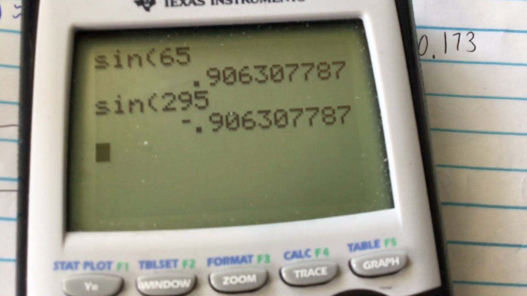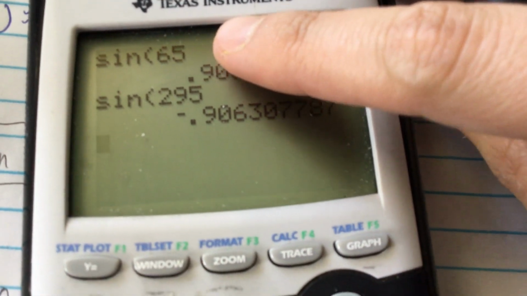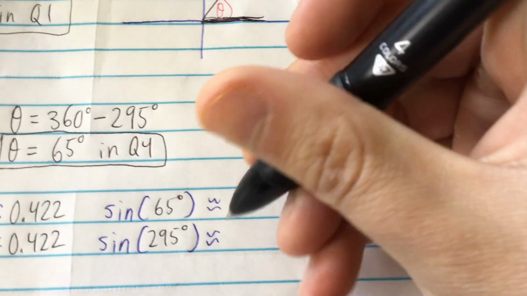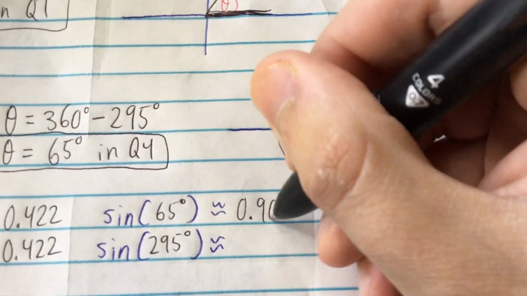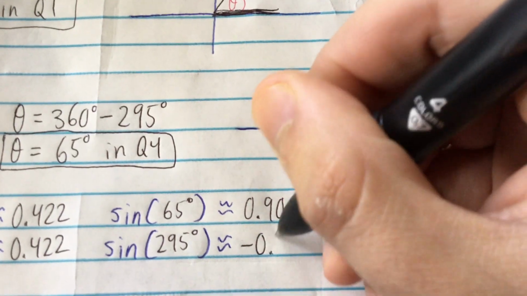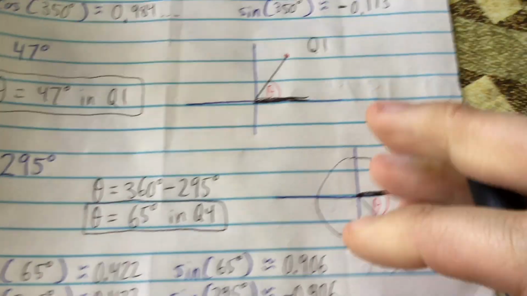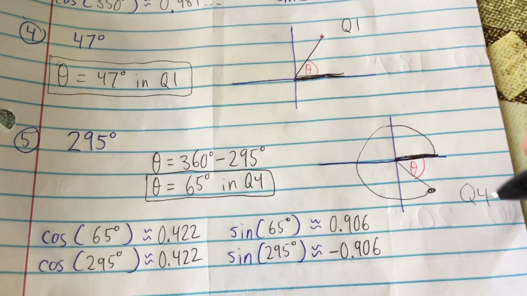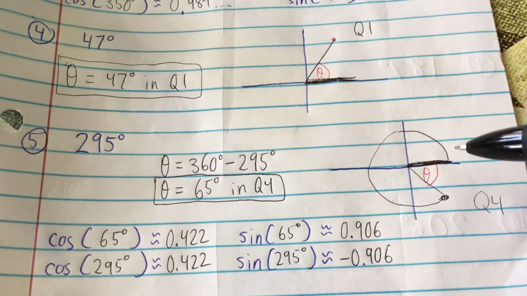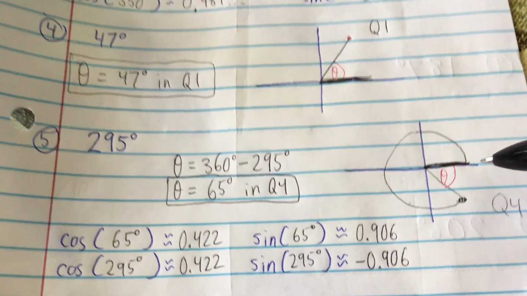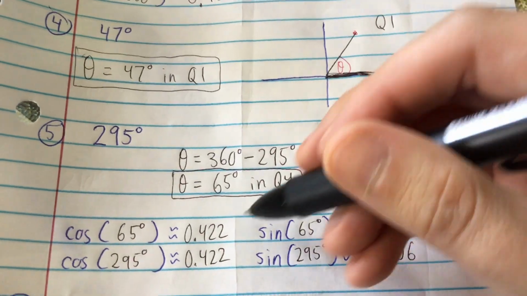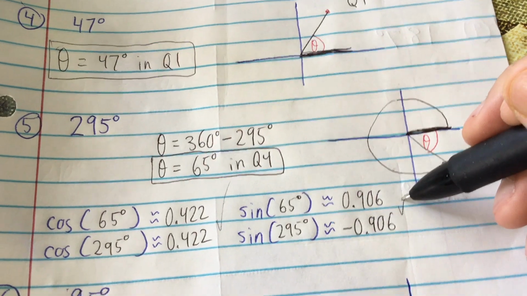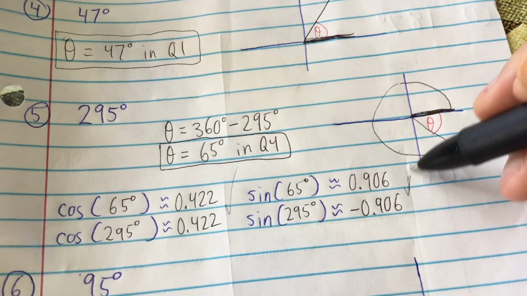And I get 0.906 for 65 degrees, and negative 0.906. So if we look at the behavior of the cosine and sine in quadrant 4, we see both requirements: the cosine needs to be positive, and the sine needs to be negative, and they're respectively the same digits.